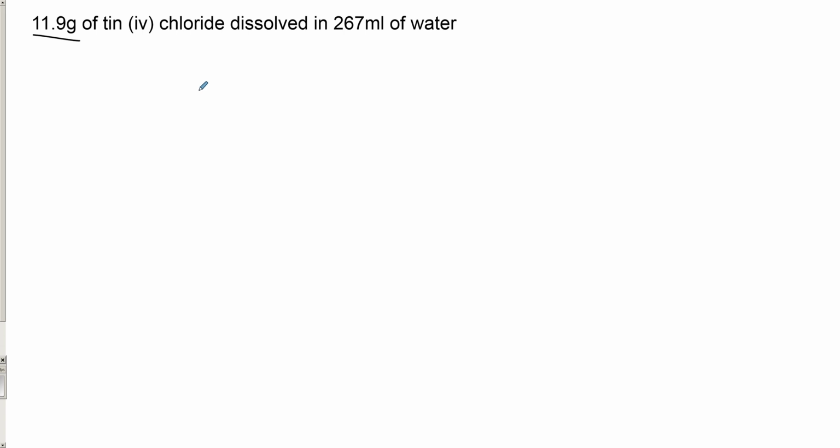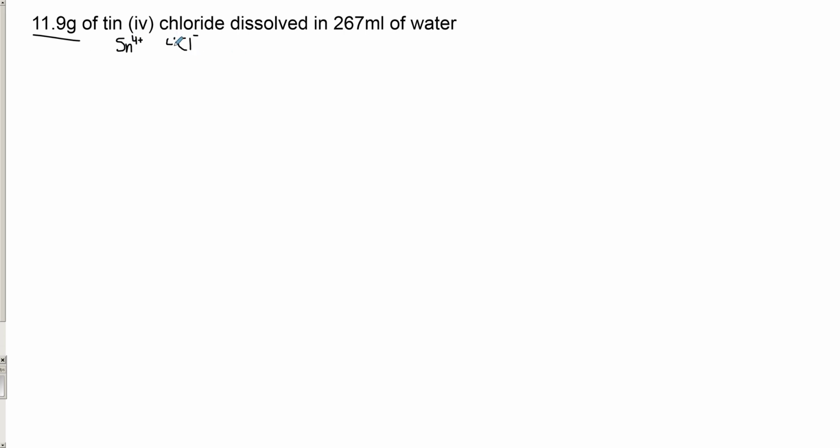tin 4 chloride. Well, the 4 there tells me the charge of the tin. That means that inside of this ionic compound, the tin has a +4 charge. Chloride is always going to have a -1 charge. That means I need 4 -1s to cancel out the +4.